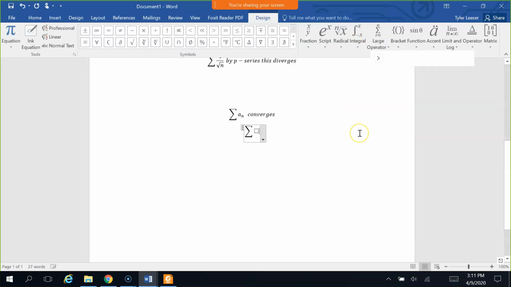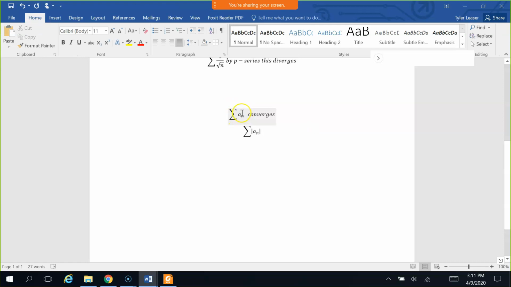This would just be the series of only the positive values of the same series, positive numbers the whole time. If this converges, then we can say that the original series converges absolutely. So this says that we have absolute convergence, because not only does the series itself converge, but the absolute value series converges.